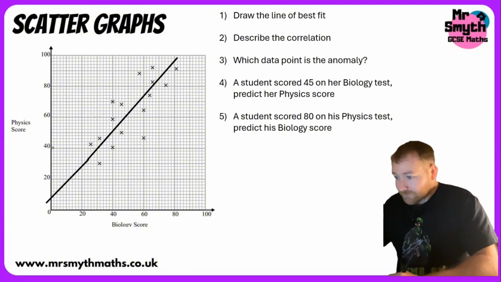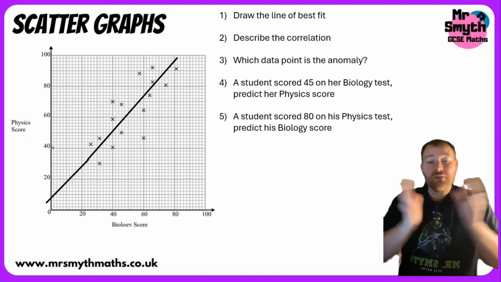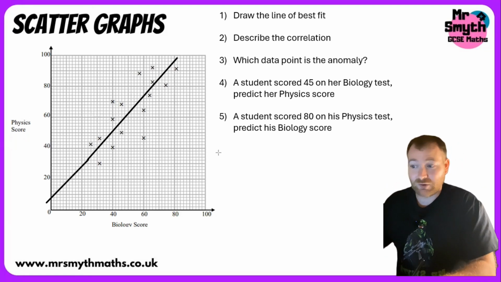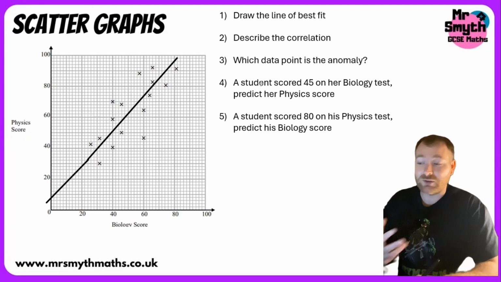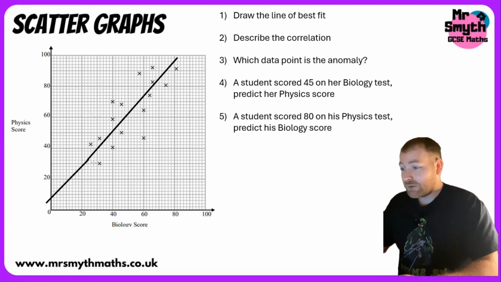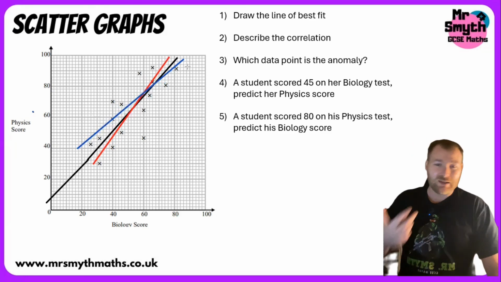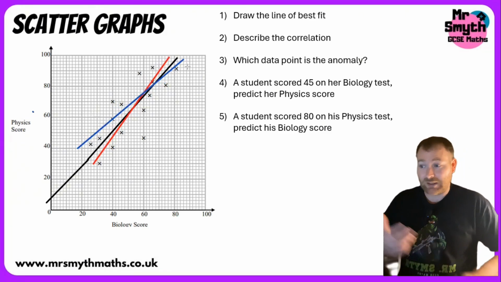But also, the thing to note is that everybody in the test is going to draw something slightly different, which means your answers for the rest of the questions are going to be slightly different as well, which is absolutely fine, because one person might get something like this, okay, and somebody else might get something like this. And in the exam, you're probably going to get at least a mark for doing that line of best fit in the general direction.